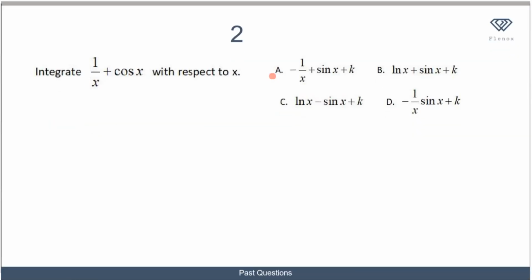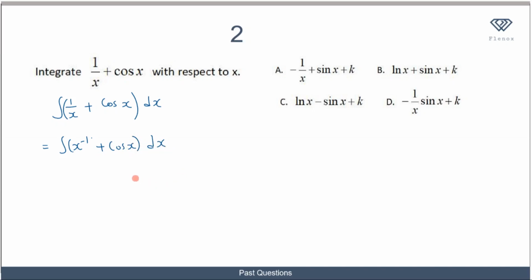And here we are told to integrate 1 over x plus cos x with respect to x. So that is something like finding the integral of 1 over x plus cos x all with respect to x. This is the same as having the integral of x to the power of minus 1 plus cos x dx.